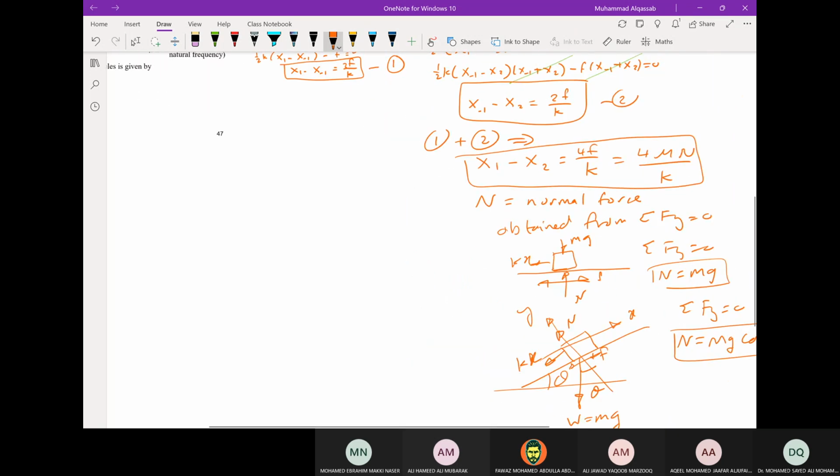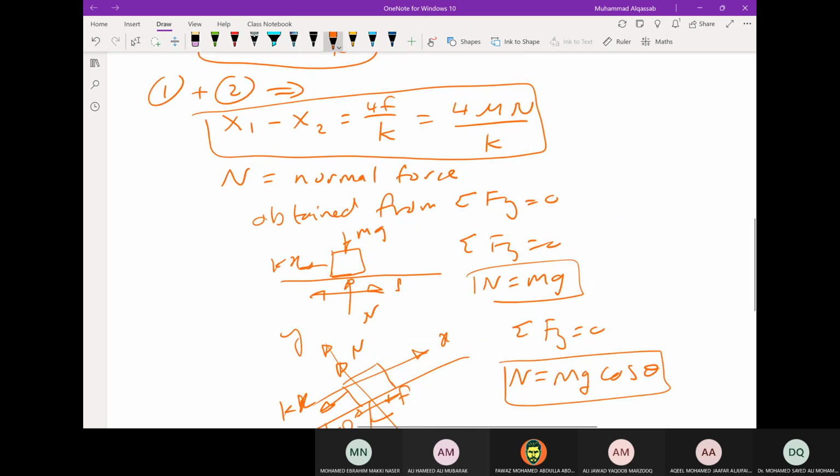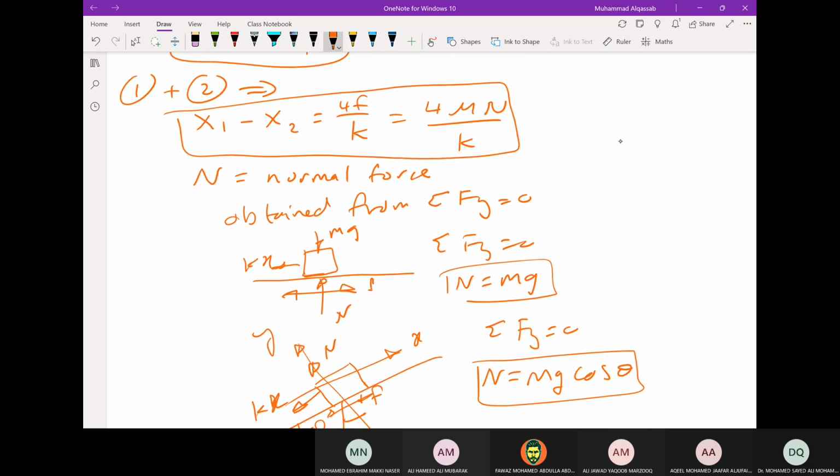So what you can see from the observation, from what we did using the principle of work and energy, is that x1 minus x2 equal to 4 mu N over k, which is a constant. If you choose to do this with the second cycle, which means x2 to x3, the difference will be the same.